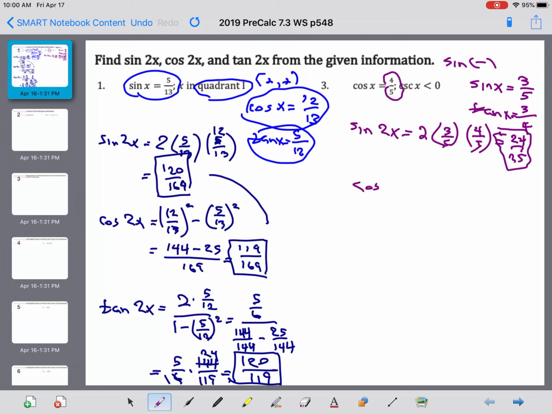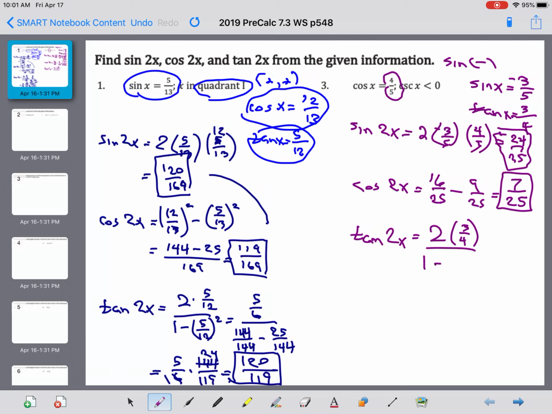The cosine, again, I'm going to use the squared version, cosine x squared. I'm going to jump right into squaring it on the fly. Likewise here, the sign will be negative, so I still am going to get 9/25, so I get 7/25 for that.